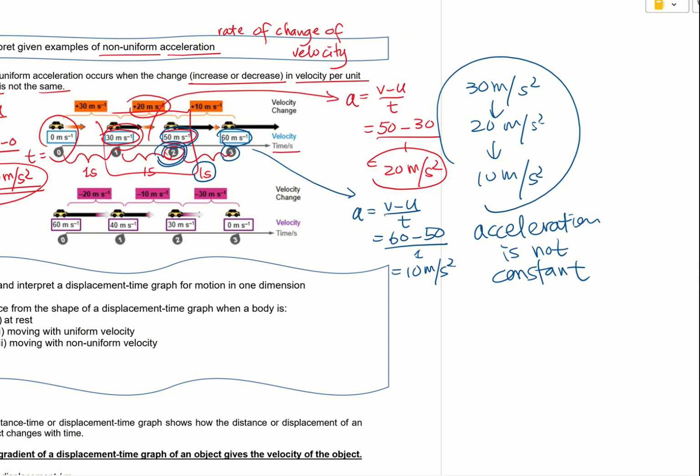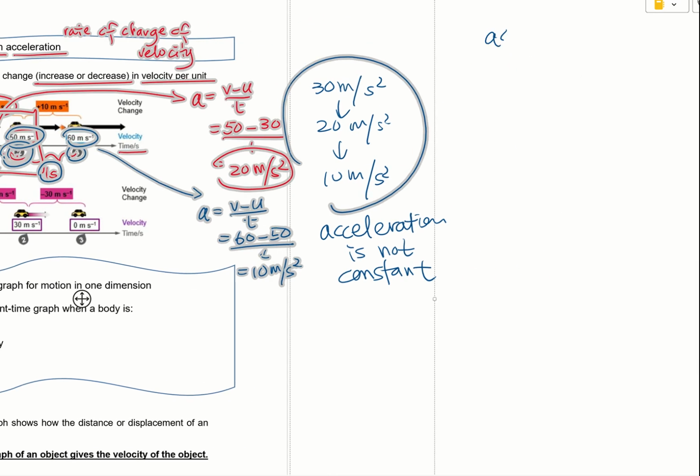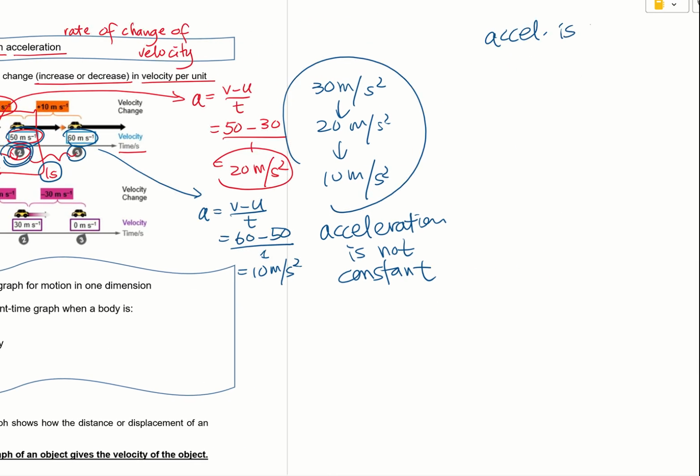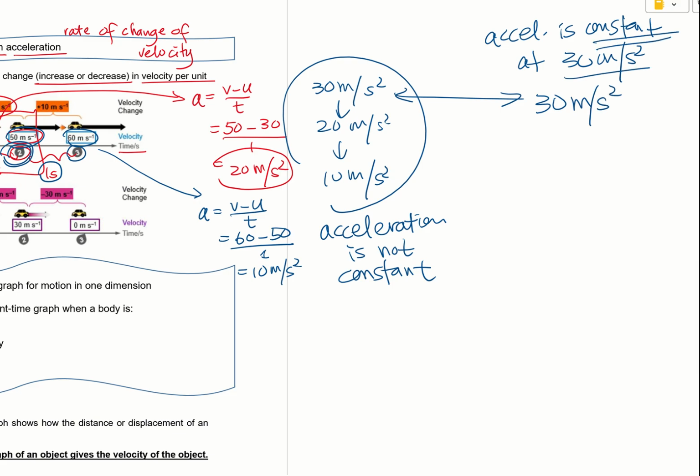Okay, let's compare with what if the acceleration is constant at 30 meter per second square. So let's say in the first second it is having an acceleration of 30 meter per second square, but we want it to be constant.